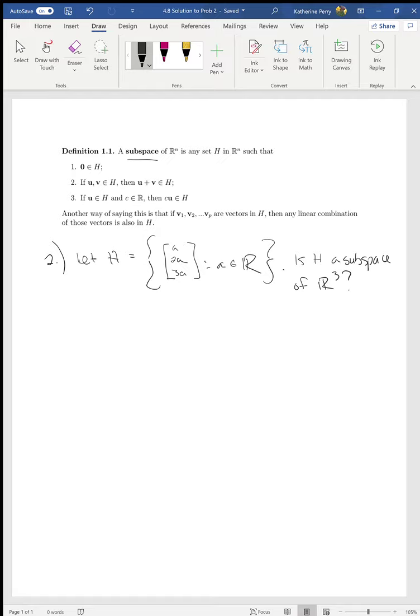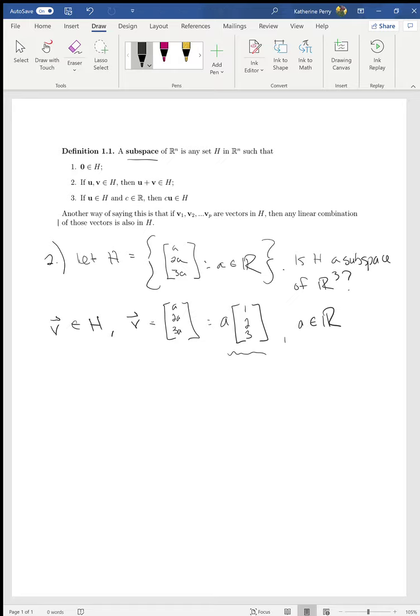Another way you could think of this is for a vector V in H, V is equal to a vector A, 2A, 3A, which I'm also going to write as, factoring out that scalar A, 1, 2, 3 times A for A in R. I'm going to say that this second form will actually make it a little easier for us to argue that this is a subspace.